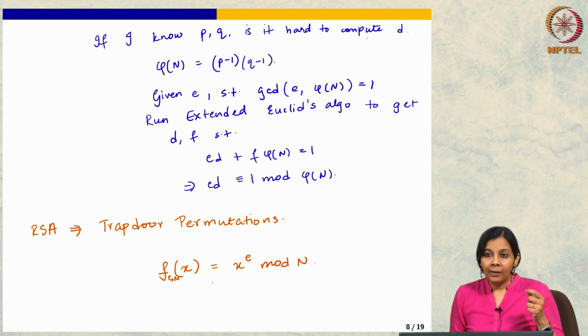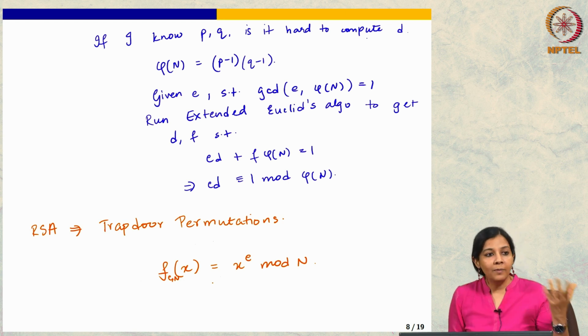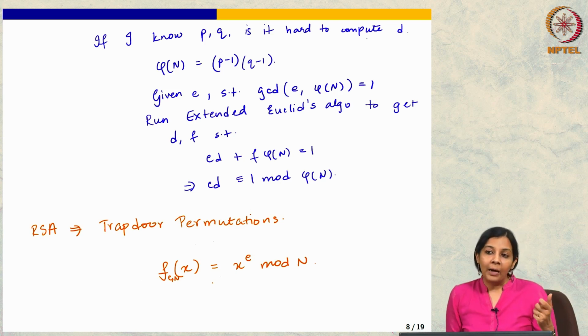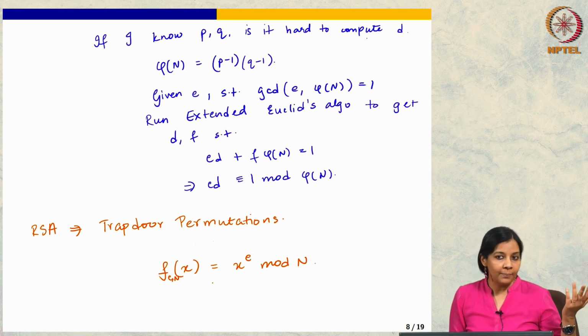Remember that it is not enough to have a worst case hardness guarantee. It is not enough to say that there exists a graph for which the Hamiltonian cycle problem will take exponential time. I have to also be able to generate such a graph efficiently in order to use it in cryptography.